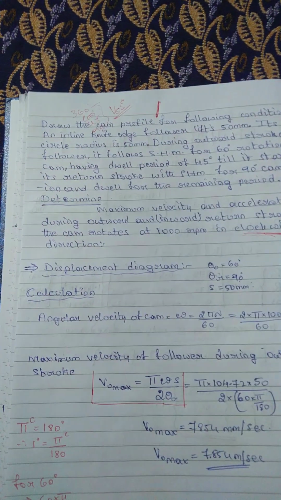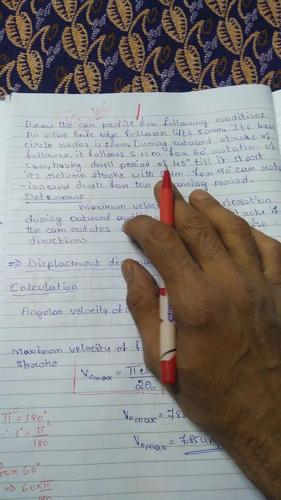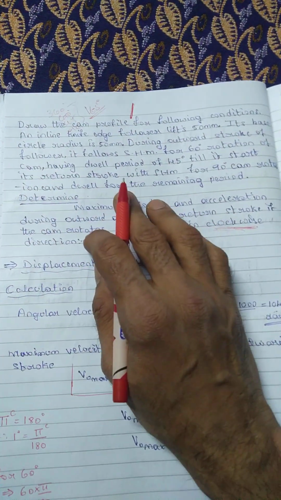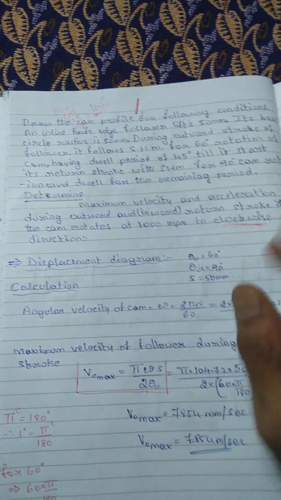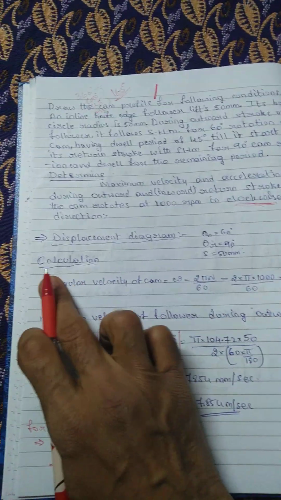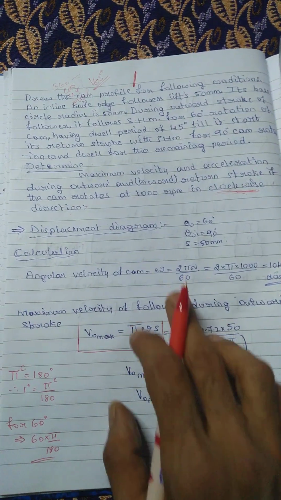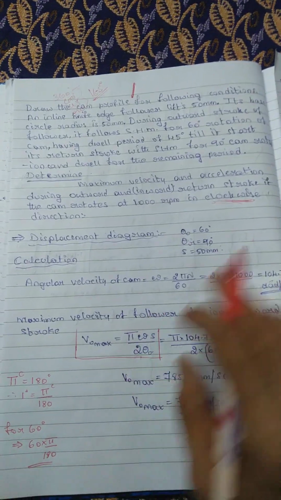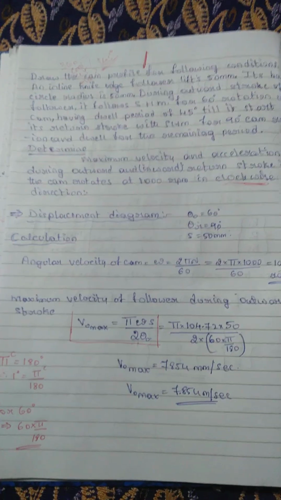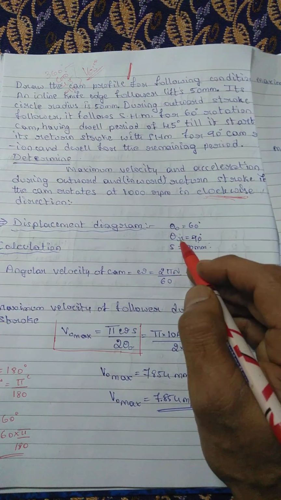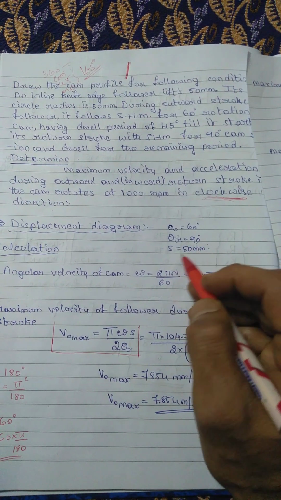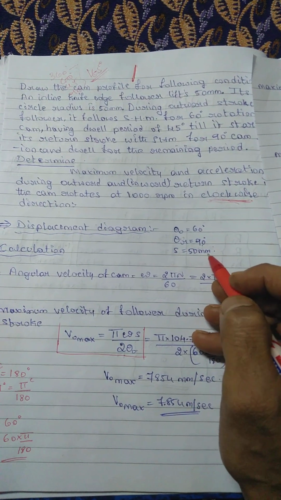Whenever you find a problem of this kind, don't just rush to solve it, read the full condition and then start to solve. Initially we will calculate the angular velocity. Theta outward stroke is given as 60-degree, return stroke 90-degree, and lift 50 mm.